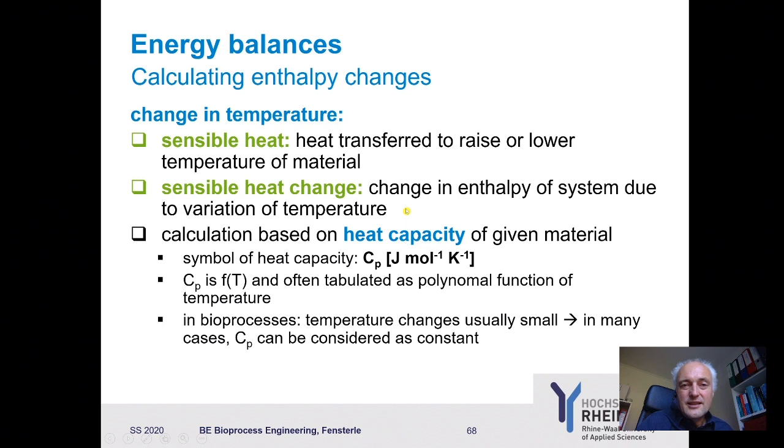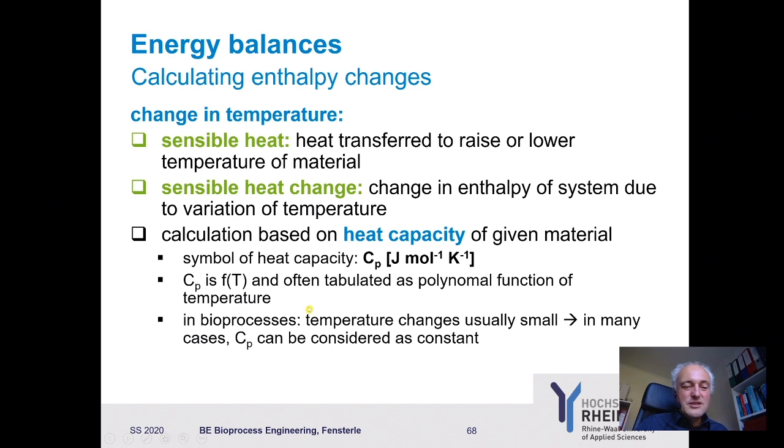How to calculate that is also something you know from physical chemistry, thermodynamics or chemical reaction engineering. You calculate it based on the heat capacity of a given material, and the symbol of the heat capacity is Cp, and this is the SI unit, but of course it can be listed in different ways, so always have a look at how it's listed if you apply it.